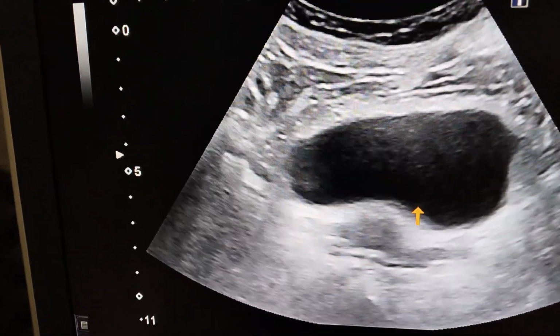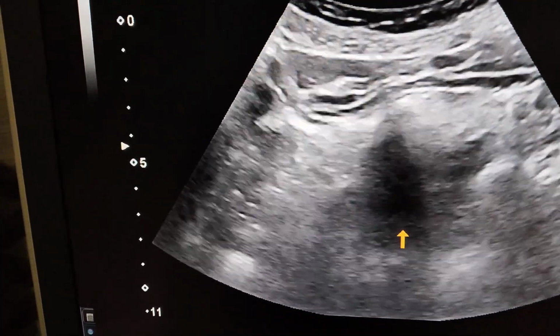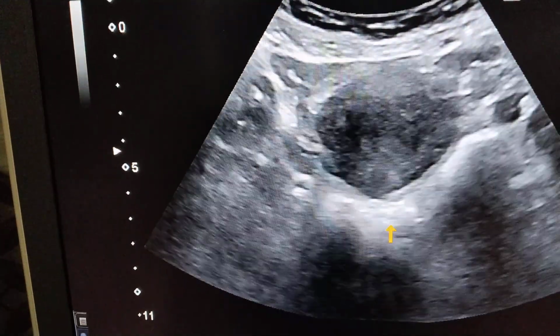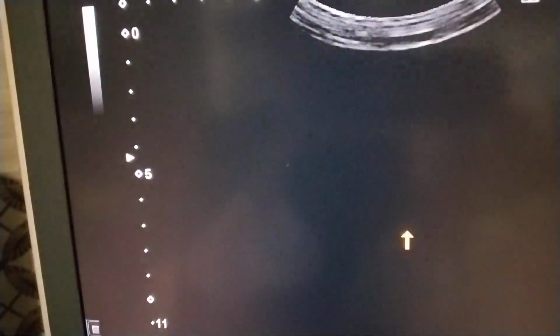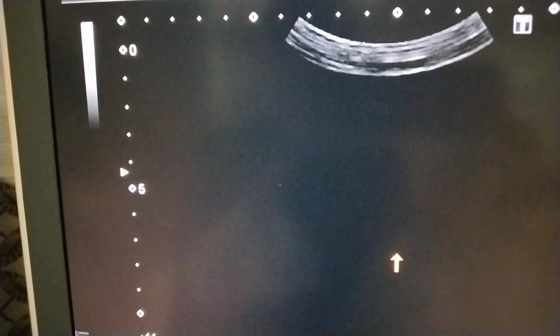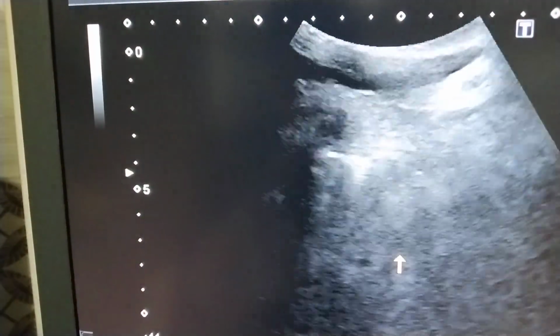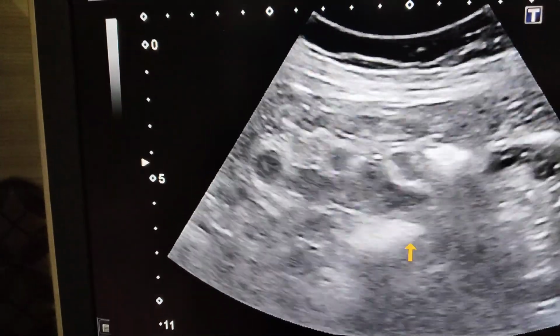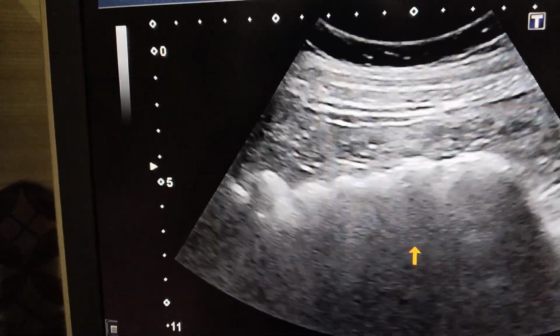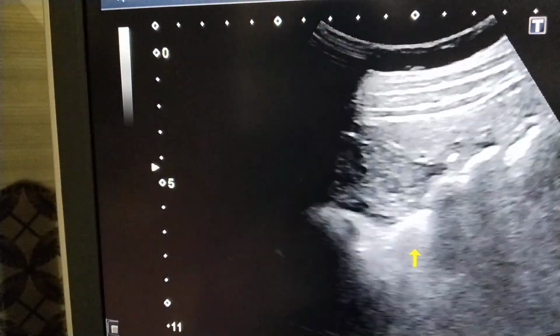This is the urinary bladder. So now I am going to the right side of the abdomen. This is the right side of the abdomen.